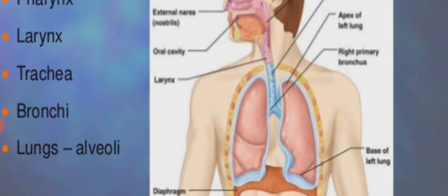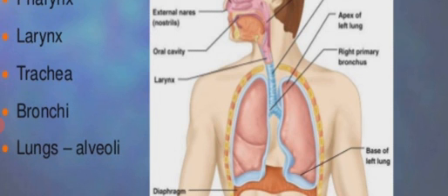And this bronchus leads to the respective lungs. So the right bronchus enters into the right lung and the left bronchus enters into the left lung. After it penetrates the respective lung, it divides into the first order branches called primary bronchioles.